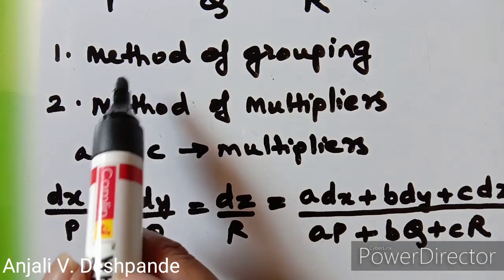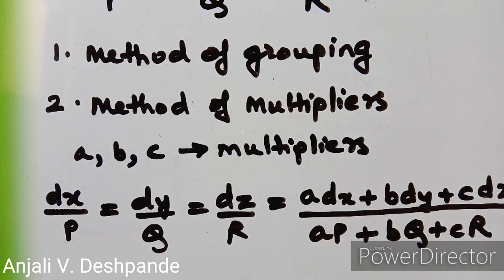So whether you are using the method of grouping or the method of multipliers, you are going to get two independent solutions. The two solutions together will be the solution for the given symmetric simultaneous linear differential equations.